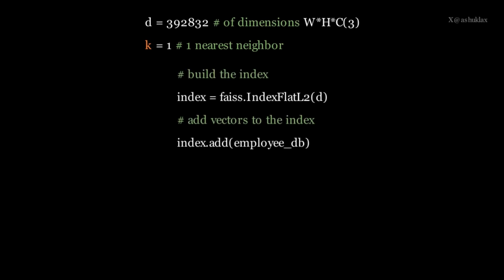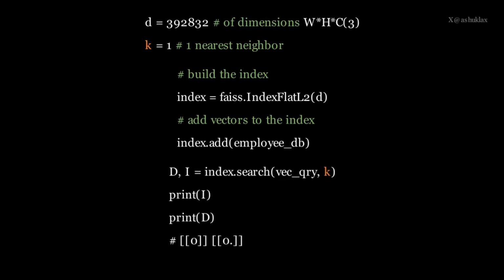Index equals faiss.IndexFlatL2(d) creates an index using the L2 Euclidean distance metric for vectors with d dimensions. index.add(employee_db) adds the vectors from employee_db to this index, enabling efficient similarity searches.